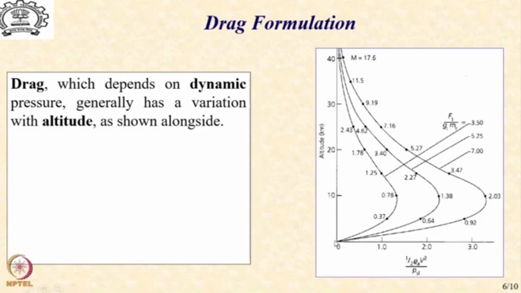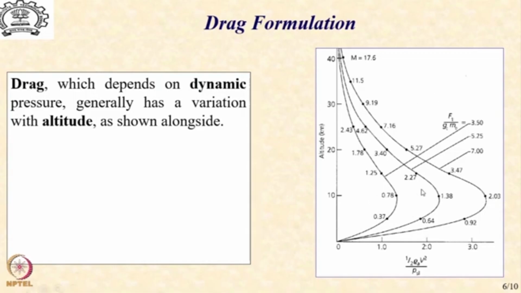One, that it starts with 0 at the sea level where the mission begins, reaches a maximum value somewhere around 10 kilometer altitude and then decreases continuously until it crosses the 40 kilometer altitude, beyond which the value of dynamic pressure is practically negligible.